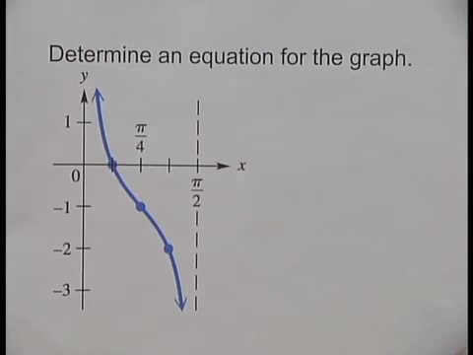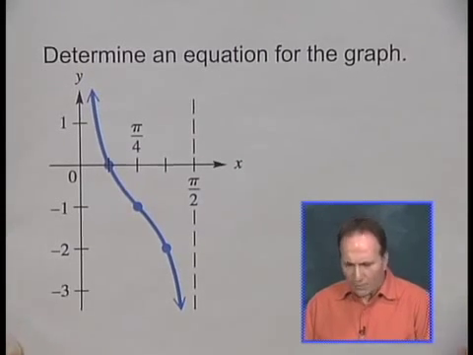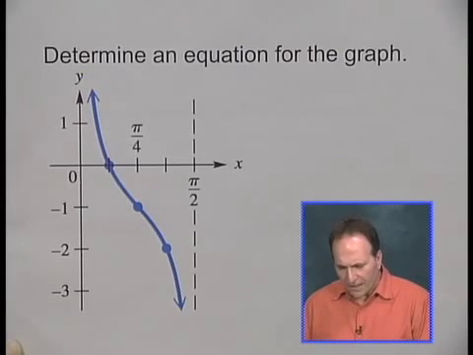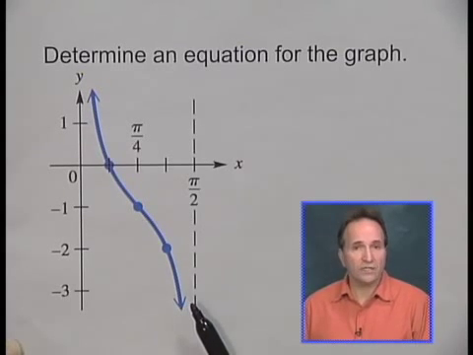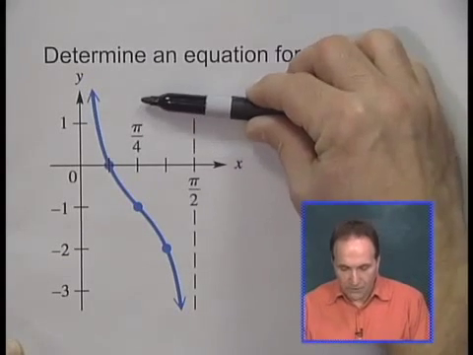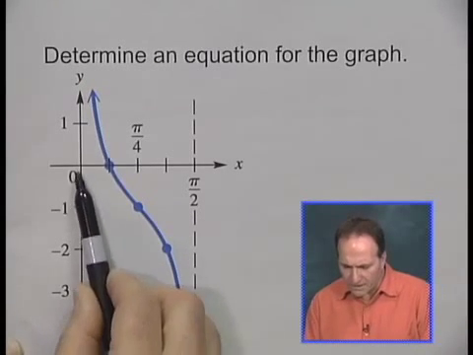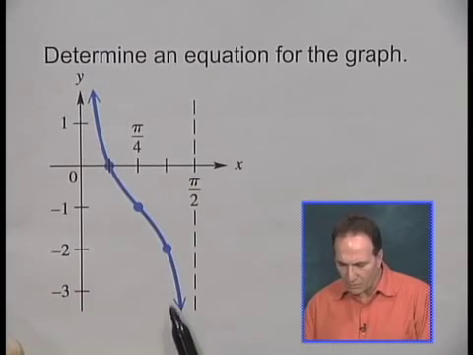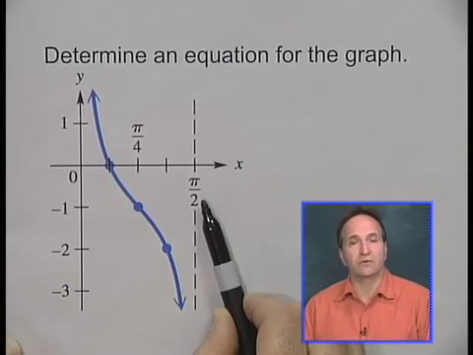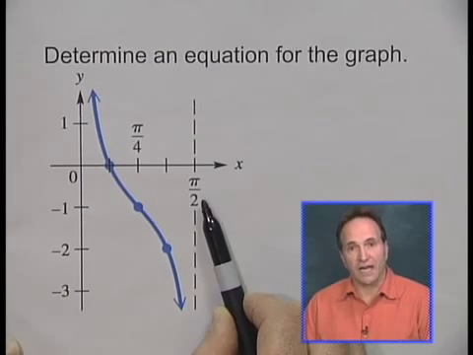Let's do another example of finding the equation of a graph. Determine an equation for the graph. When we look at this now, this one looks more like a cotangent graph, which has been vertically translated down. And also because we see that this one cycle occurs from 0 to pi/2, the period has been changed.